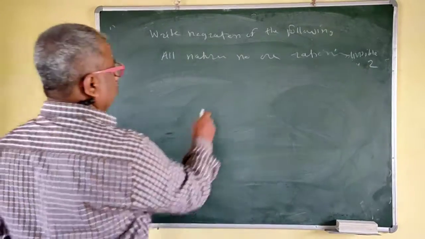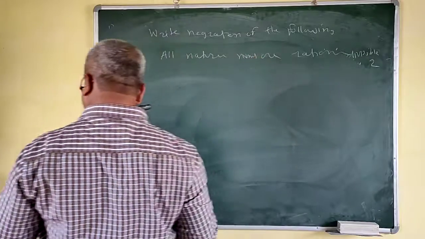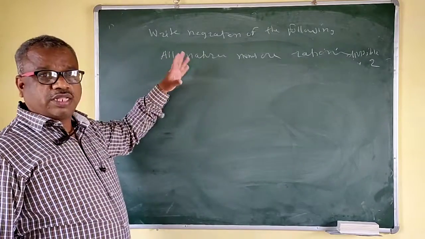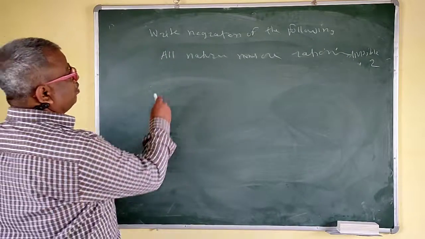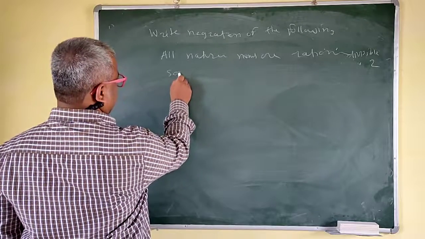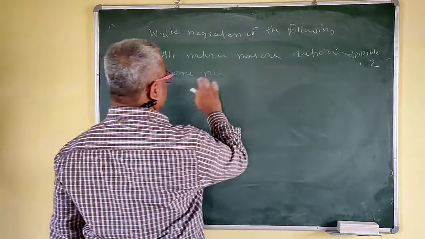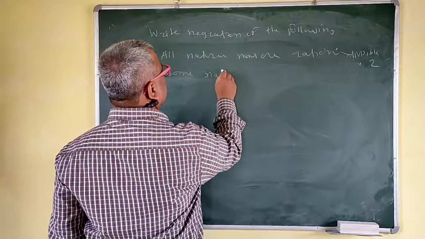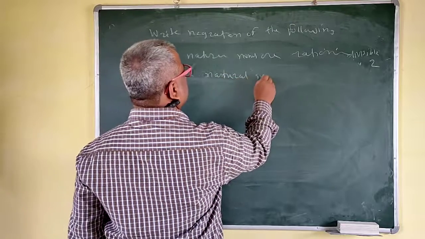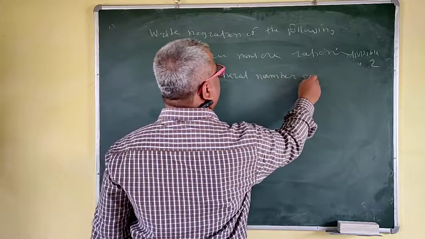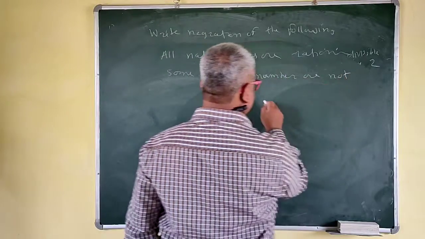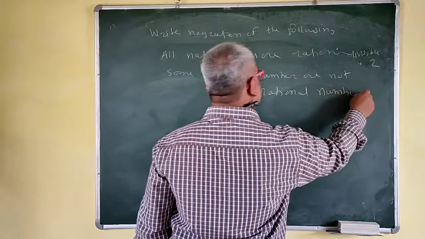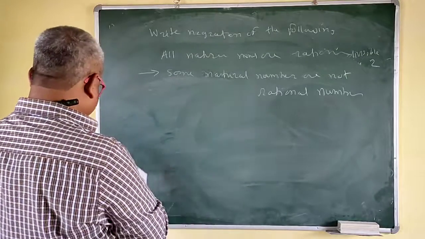So all, that means you have to take the negation. Negation of all means some natural numbers are not rational numbers, right? This is your answer.